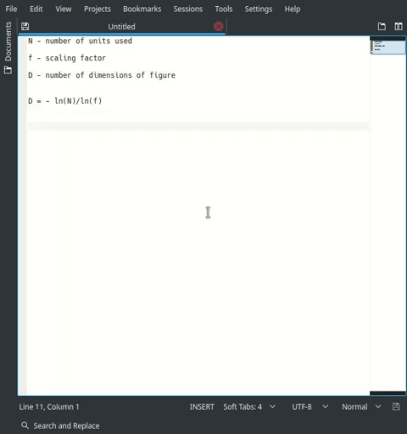So for a Koch snowflake, n is 4, while your scaling factor is 1/3, and your dimensionality is like 1.26 something. Okay.